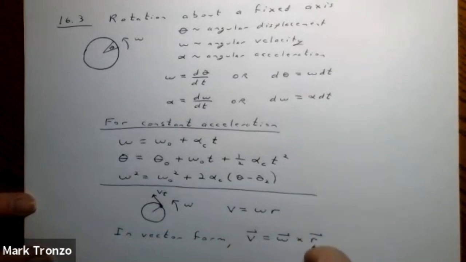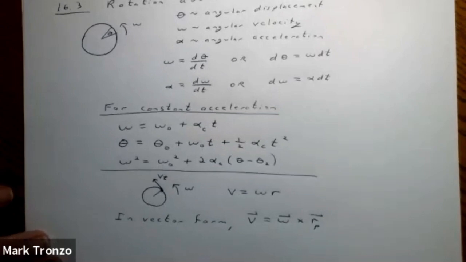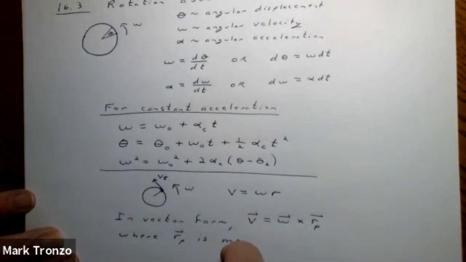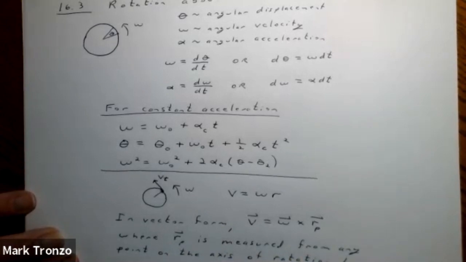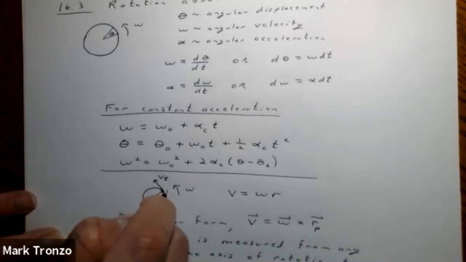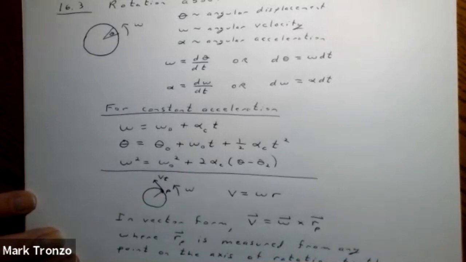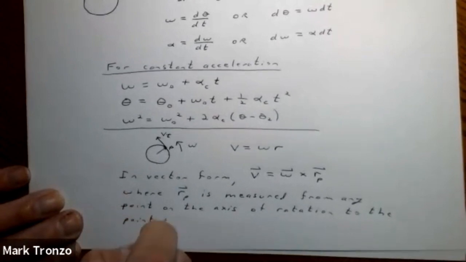I think the book puts a p down here, but this is the same thing in vector form. And where this r p is measured from any point on the axis of rotation to the point P. Let me put the P in the picture, right there, the point P, like that.